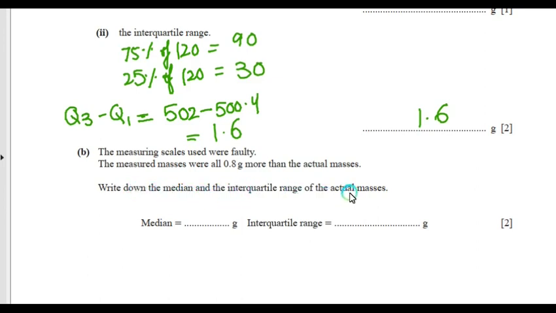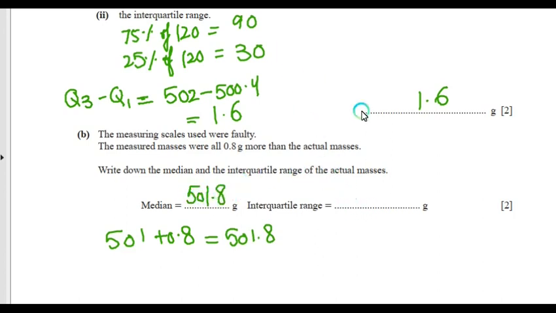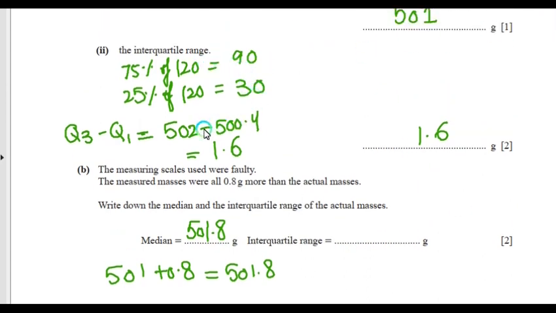So write down the median and the interquartile range for the actual masses. So this will be the median.